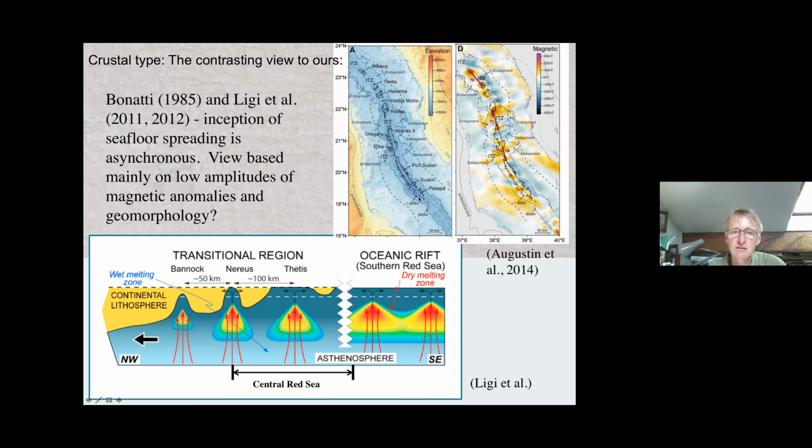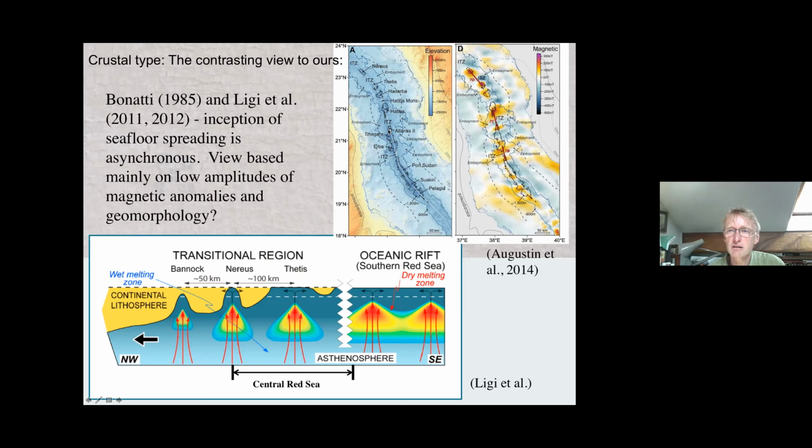highly extended continental crust. This is the bathymetry of the Red Sea, and we see these closed contour depressions that are called deeps. Between them are these zones called intertrough zones. The deeps contain mostly basaltic lavas.